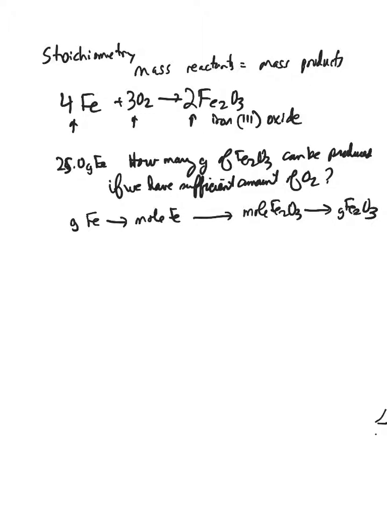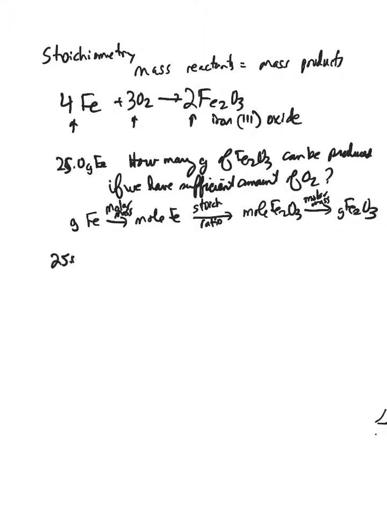To change from grams to moles, we're going to use the molar mass. Go from grams iron to moles iron. Go from moles iron to moles iron 3 oxide, we're going to use our stoichiometric ratio, or our bridge factor. Then you go from moles of Fe2O3 to grams Fe2O3, we're going to use the molar mass of that compound.